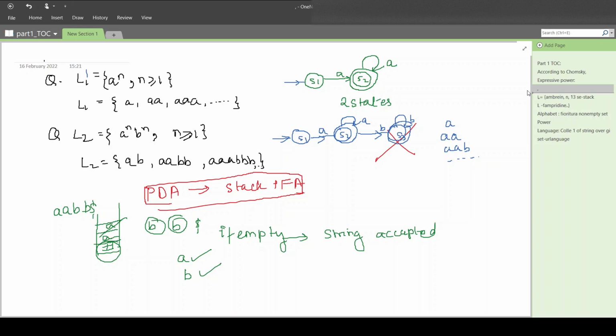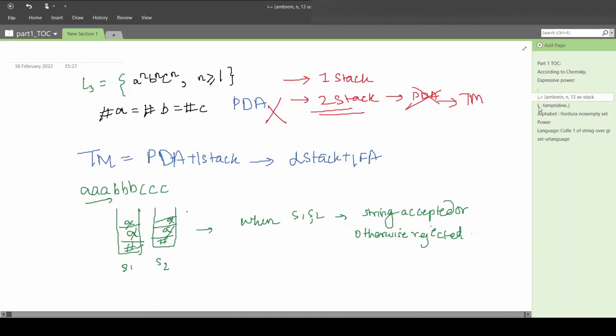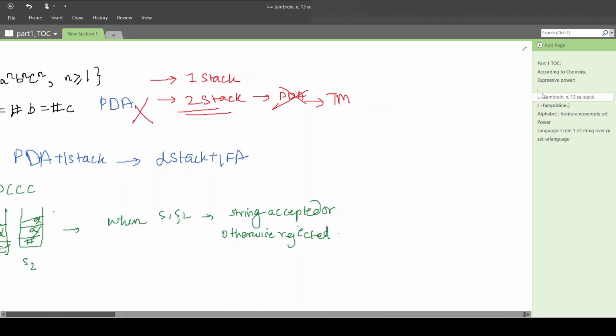Secondly, when the difficulty increased, we talked about Turing machines, where two stacks were required. When we saw a^n b^n c^n, a Turing machine was enough to do it.